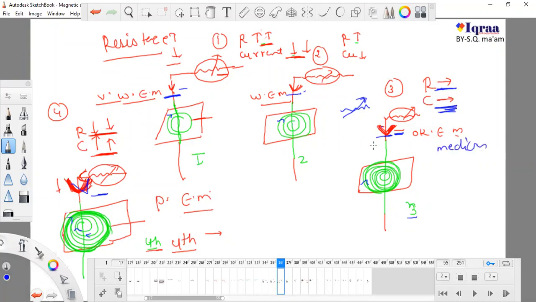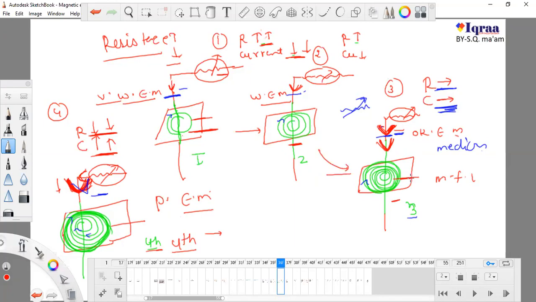The medium amount of current is flowing, so you can see a medium amount of magnetic field lines. These magnetic field lines are very weak, meaning they are very few. This is the second position. Here you can see a higher number of magnetic field lines, a bit higher comparative to this.